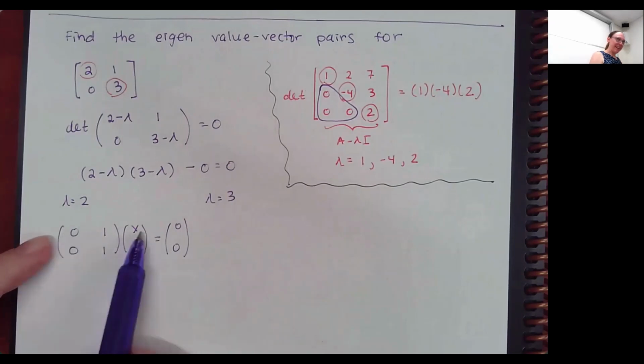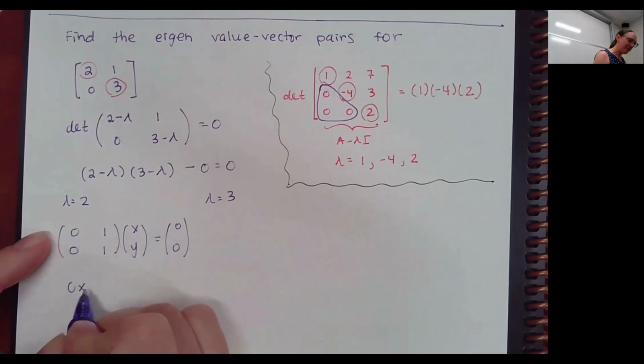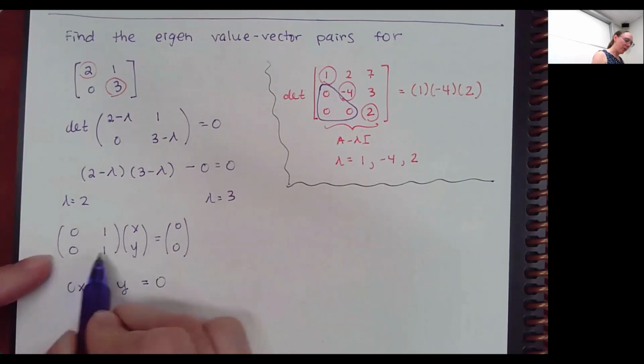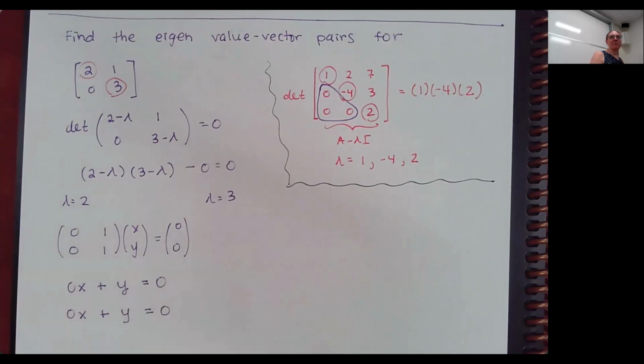If I write this out, that top row would say 0x plus y is equal to 0. And the bottom row would say 0x plus y is equal to 0.